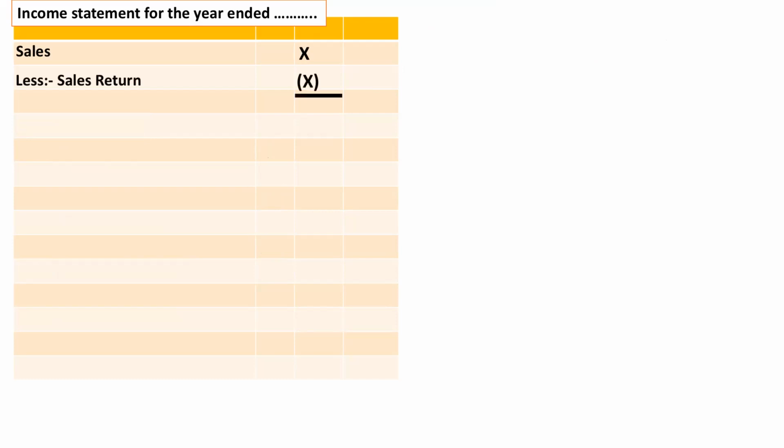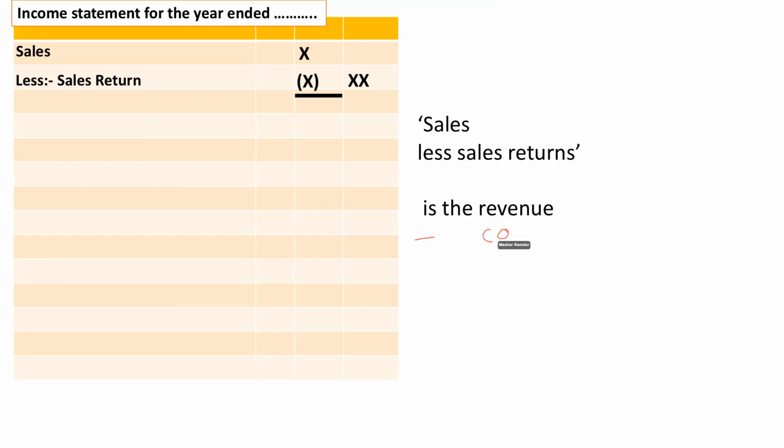So from the sales, when you subtract your sales return, what you get is revenue. From the revenue, I will subtract the cost of sales. In the third column, the figure that I'm looking at is the figure of the cost of sales.